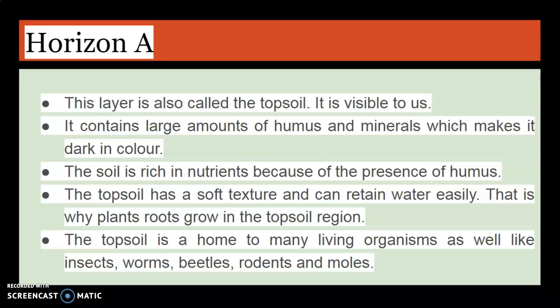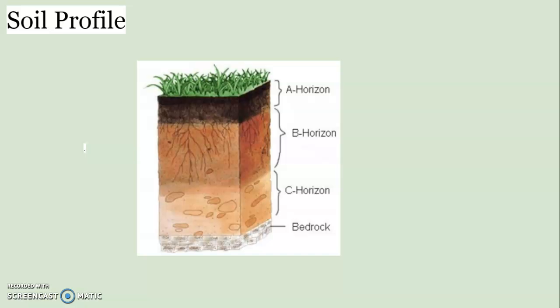This layer has a soft texture and can retain water easily. It can absorb water easily, and that is why plants' roots grow in the topsoil region. So this is the place where the roots of the plant are. In the first layer of the soil, the roots grow.